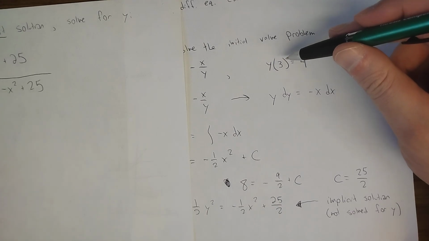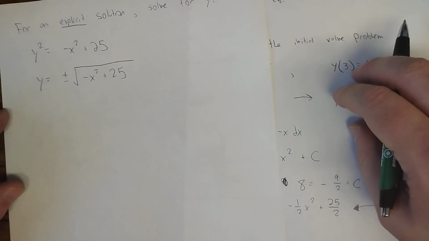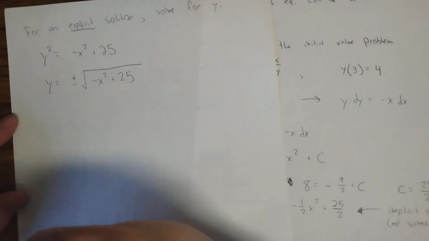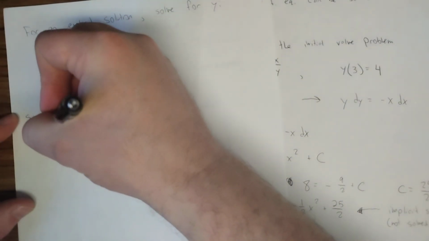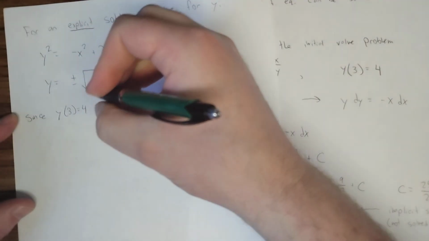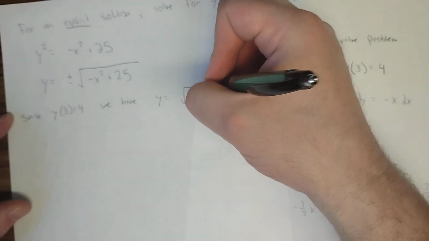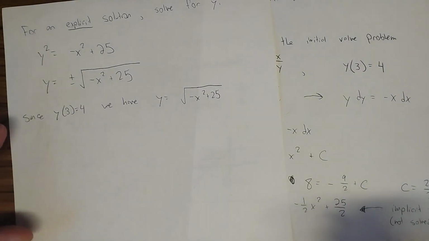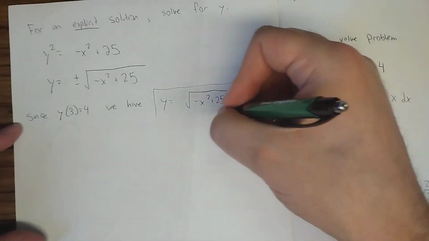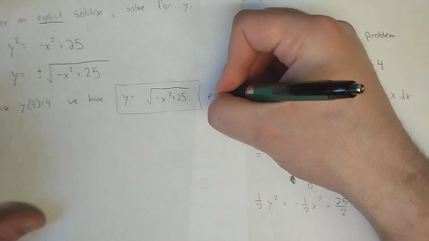If I put in 3 for x, I'm supposed to get 4 for y. In particular, I'm supposed to get a positive number, so it better be the plus. So this would be an explicit solution.